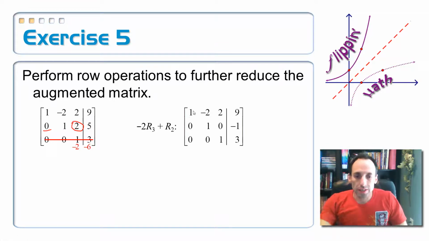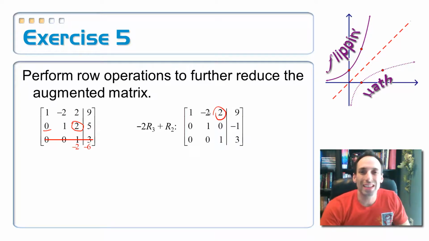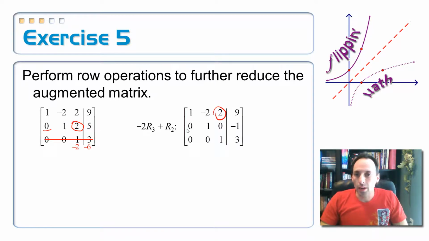The next thing that I need to get rid of is this 2. That's the z in the top equation. I cannot use row 2 to do it. I have to use row 3 because it's the only one that has only a z in it. So it's a 2. The bottom one needs to be a negative 2, so I'm going to have to multiply it by a negative 2 again.